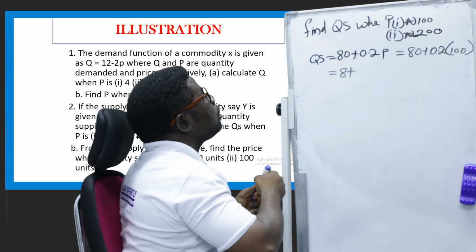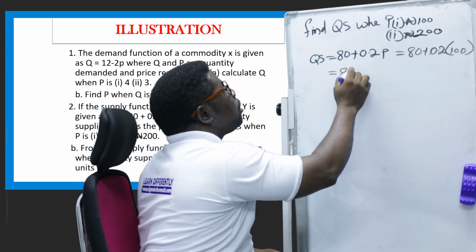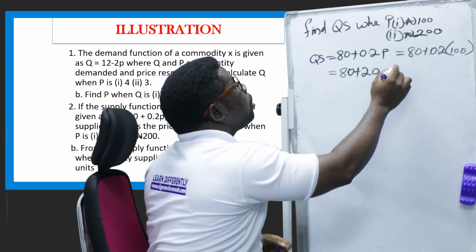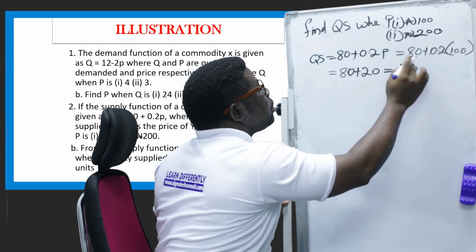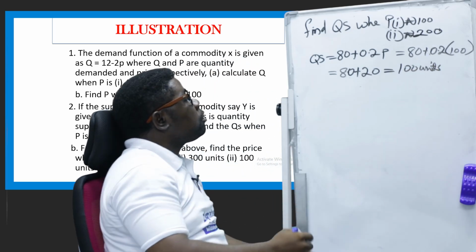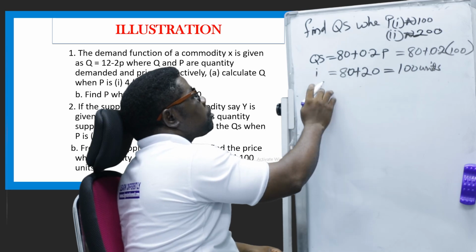So we add 80 plus 20, which is 100 units. Okay, 100 units. For the first one, that's I.